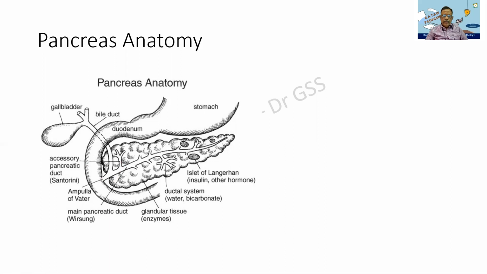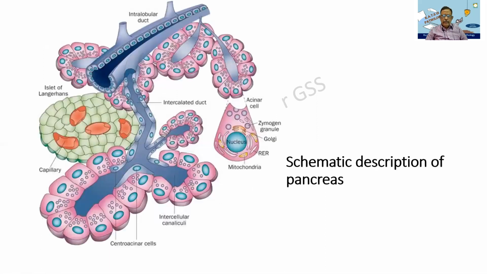So what will be important for us will be the morphology of the duct, what causes obstruction, and the enzymes that are being released. This is a very beautiful schematic picture of the pancreas, in which I have the small ductules, intercalated ducts, which enter into the larger interlobular ducts.